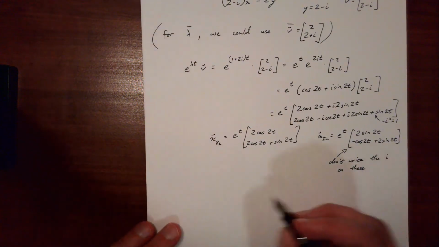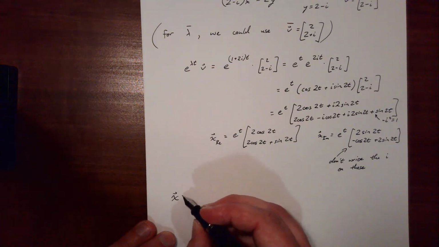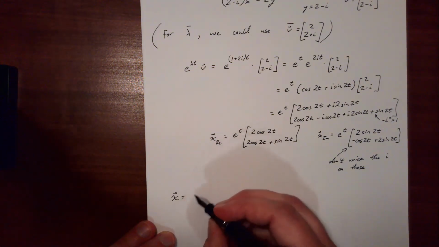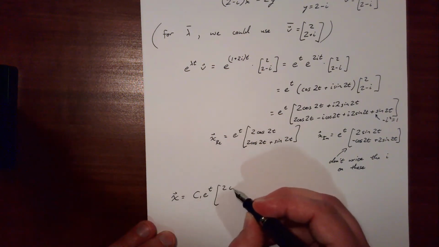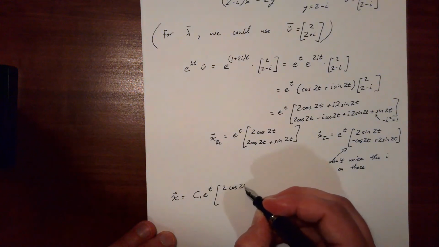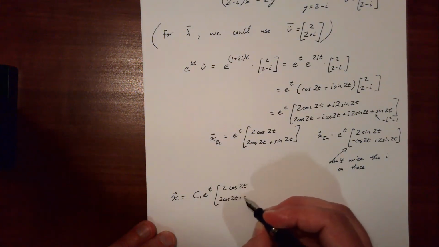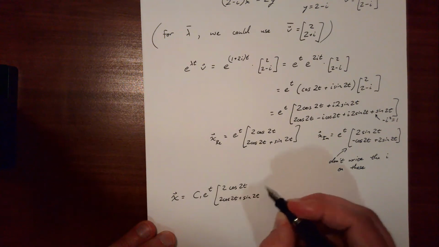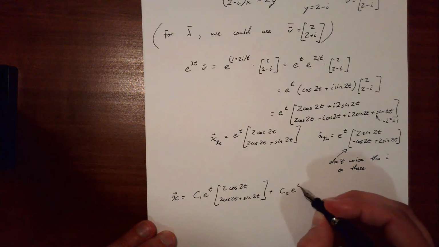And so then we would have the general solution x of t is equal to c1 e to the t, 2 cosine 2t, 2 cosine 2t plus sine 2t, plus c2 e to the t, 2 sine 2t, negative cosine 2t plus 2 sine 2t.